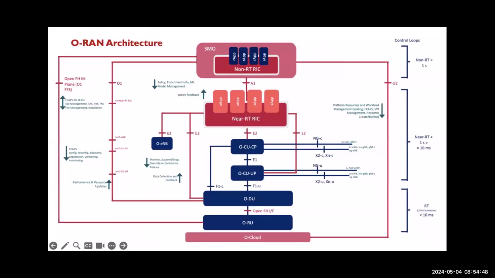These are the control loops only. So that's the architecture, and we have a lot of details in it. Maybe once we have built the laboratory, probably this year or maybe early next year, we can define what is really happening in an O-RAN architecture, and then we can read all the messages that we see in this architecture.